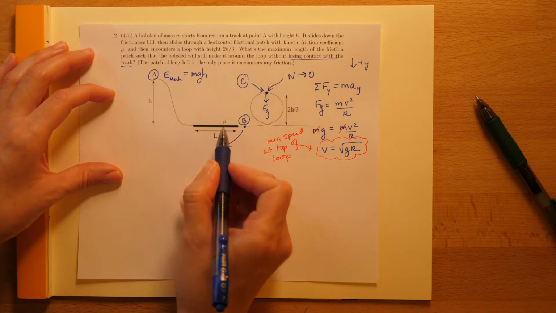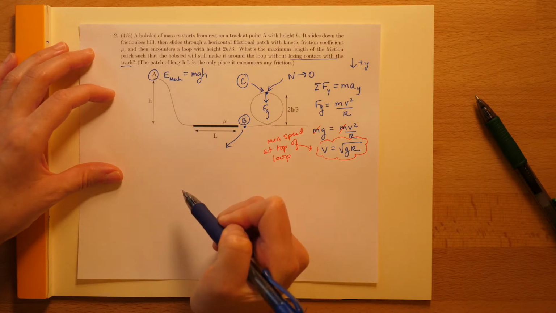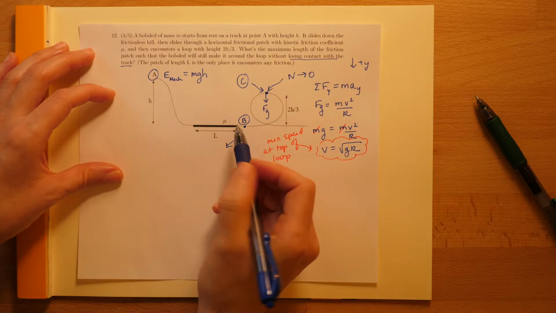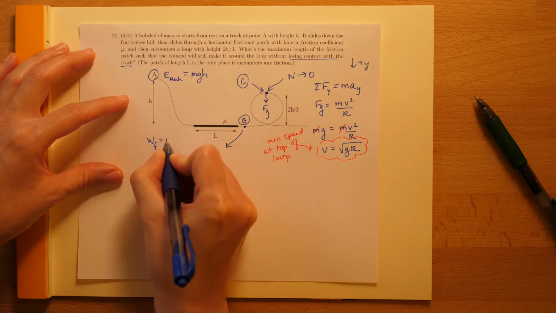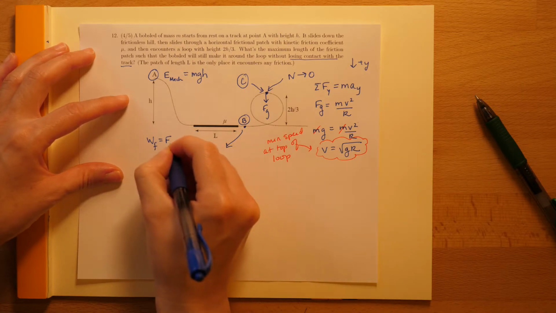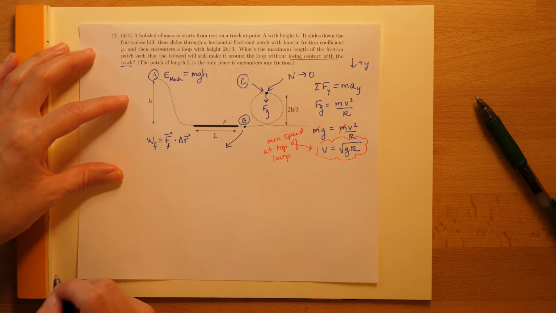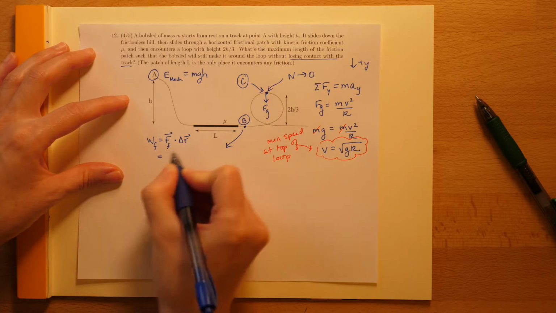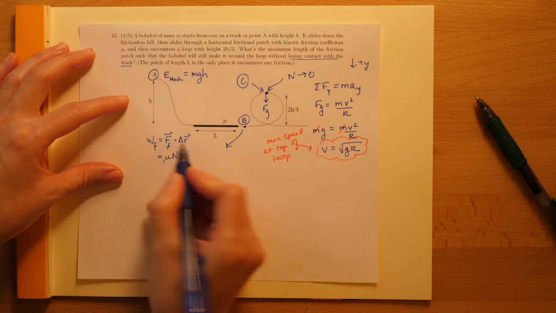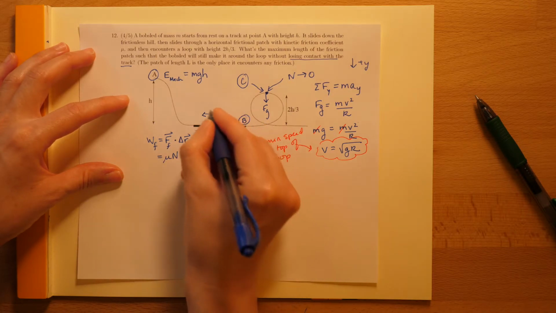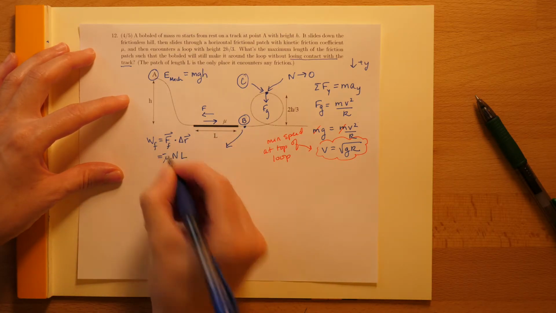And the amount that's gone into heat has the magnitude of the work done by friction on the bobsled. So the work done by friction is the force of friction dotted with the displacement. The force is mu times the normal force, and the displacement is L. The force is backwards, and the displacement is in this direction, so this dot product should be negative.